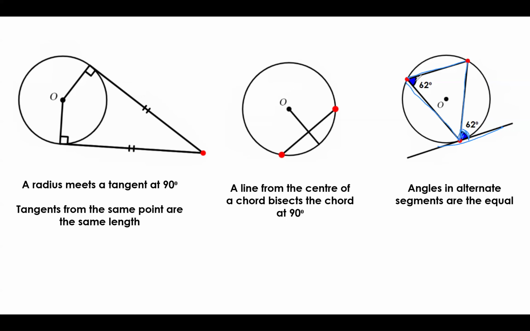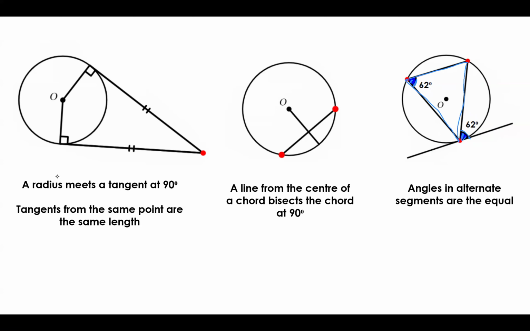So this angle and this angle are going to be the same. And sometimes if you're finding it difficult to see where the angle is, you can shade this region here and you'll be able to see that the angle opposite that shaded region is going to be the one formed here. That's 62 degrees. Or, as I said, from your chord, the angle formed at the circumference in the other segment is going to be equal to the angle that's formed between the chord and the tangent.